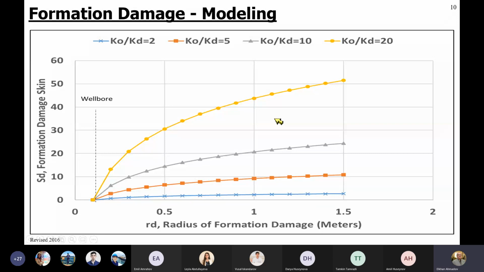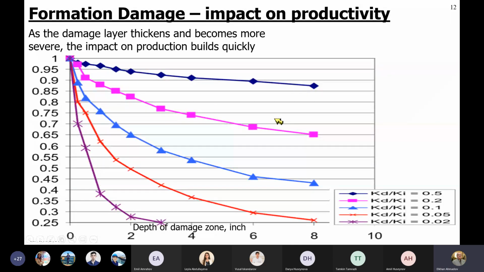Another approach or another estimation of this damage on the wellbore productivity is that this is the productivity of the well, and these are various curves for different ratios. Just remember that here we have the ratio of damaged to initial permeability.